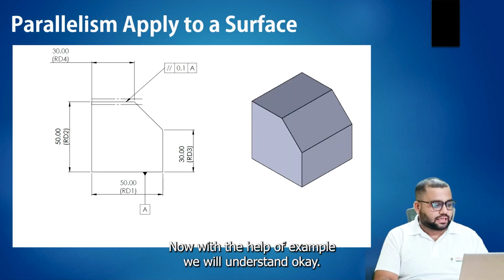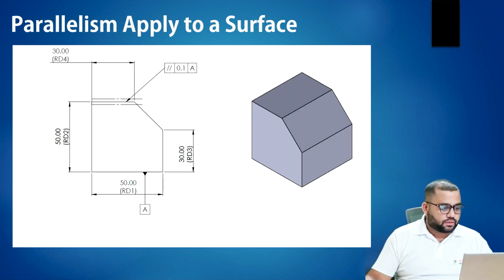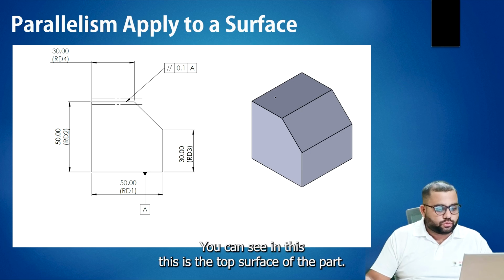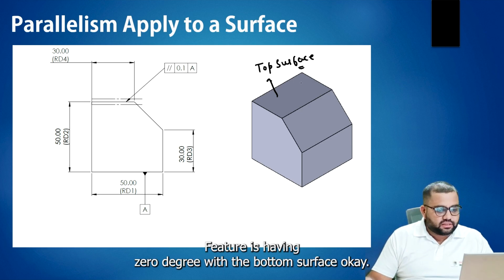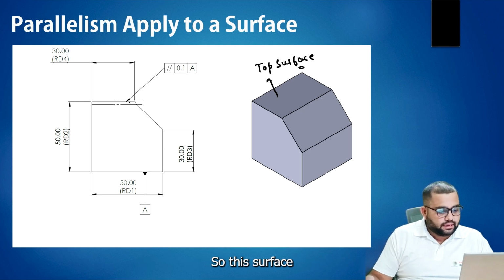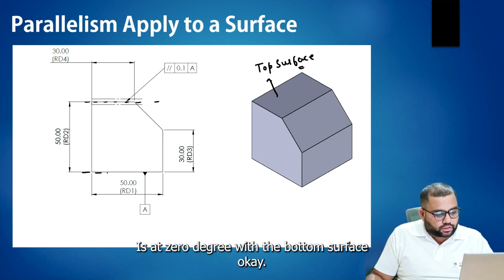Now with the help of an example, we will understand. This is the top surface of the part. This feature is at 0 degree with the bottom surface.